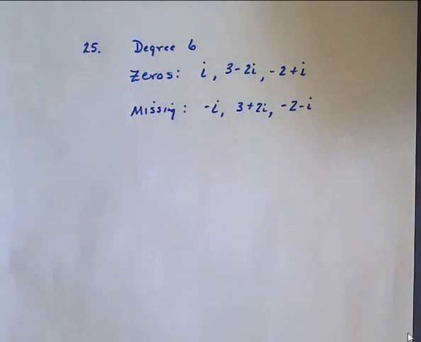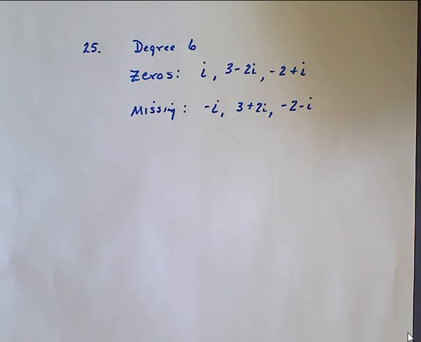Again, we're skipping number 26. On the back side, they're asking us to find zeros or solutions to some different polynomials, and we're going to have a combination of real and imaginary. Let me give you a couple to show you what's in store.